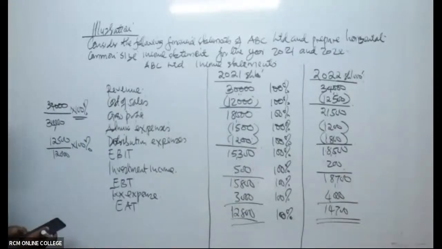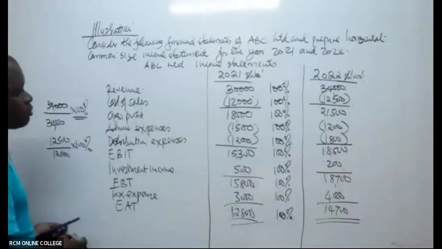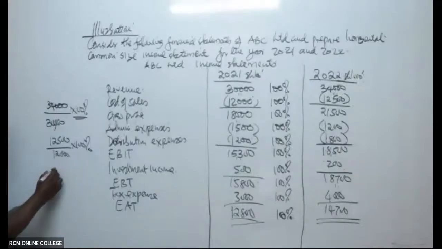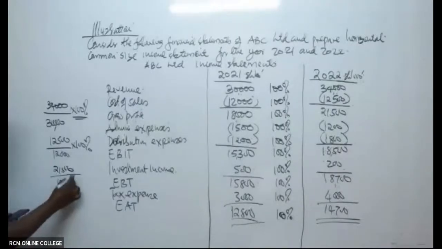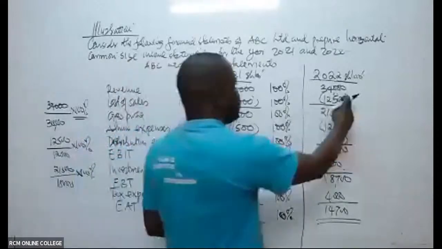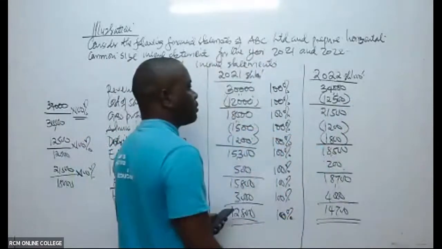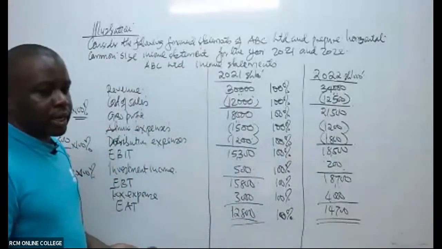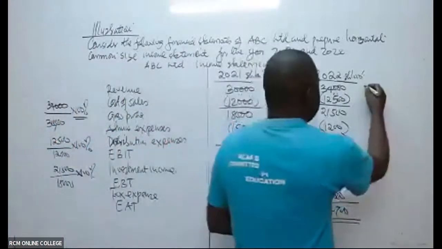So the same case with gross profit. You take 21,500 over 18,000 and multiply by 100%. What are you getting as the percentage here for the first item? 113%.